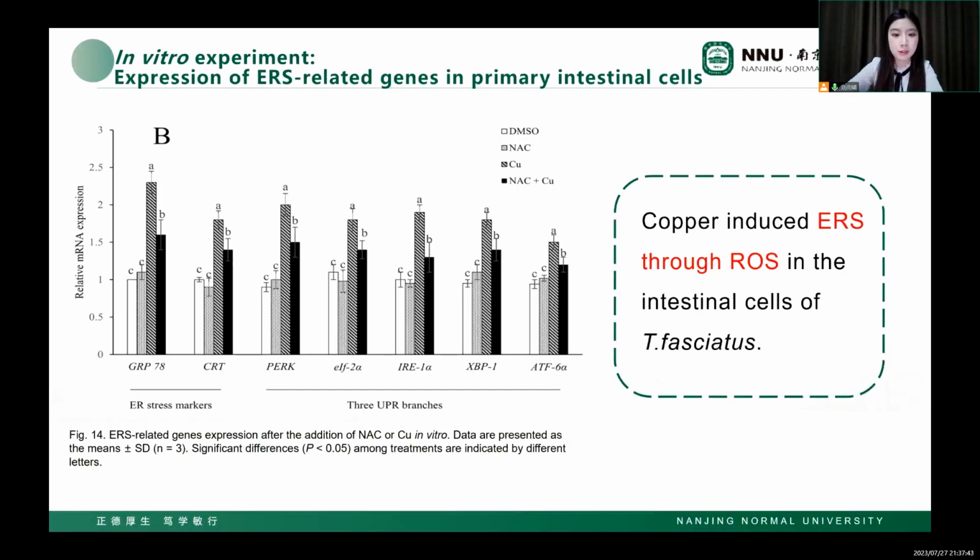And from figure 14, we can see that after the addition of NAC, the expression of all ERS-related genes was reduced compared to the copper-treated group, indicating that copper induced ERS through ROS in the intestinal cells of this fish.